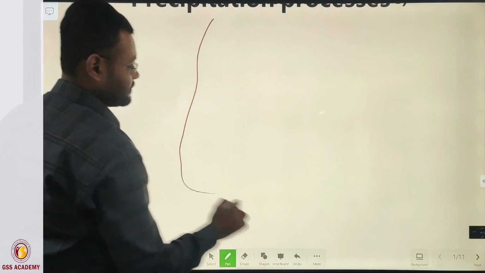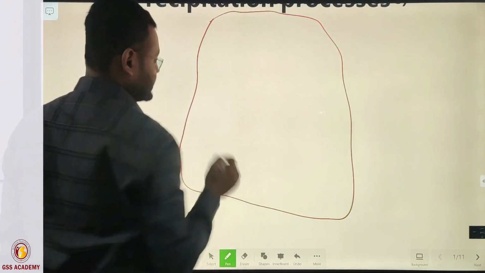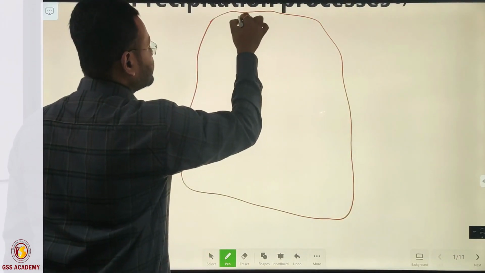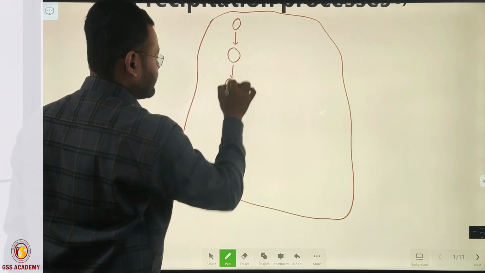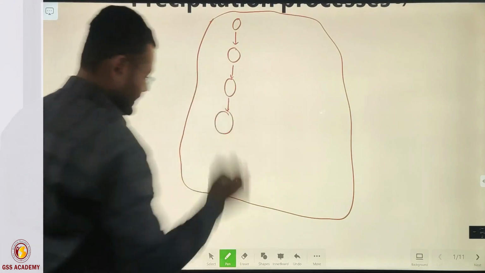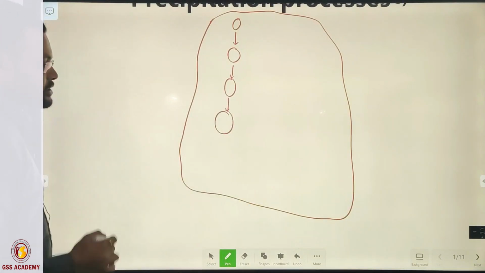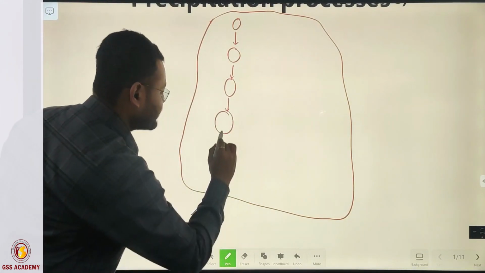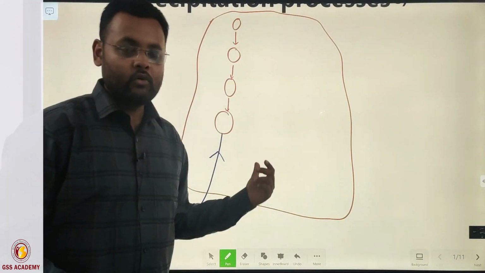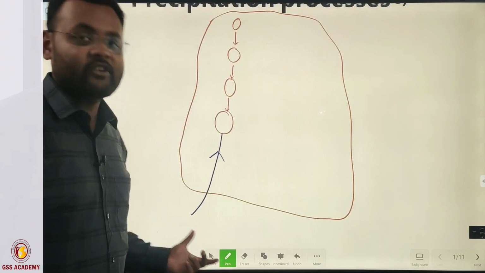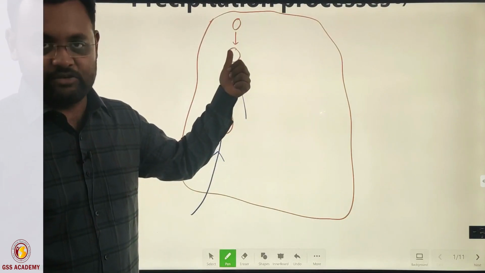Suppose this is a cloud mass and a droplet is falling in this manner, and here suppose it suddenly encounters an updraft. Updraft means a very high velocity wind which is flowing from the earth surface towards the high altitude regions.